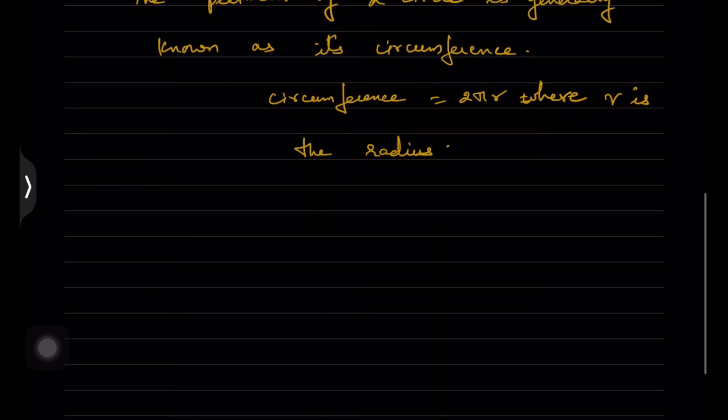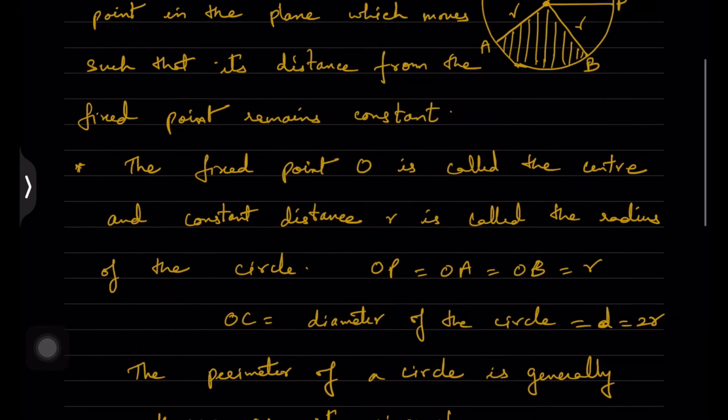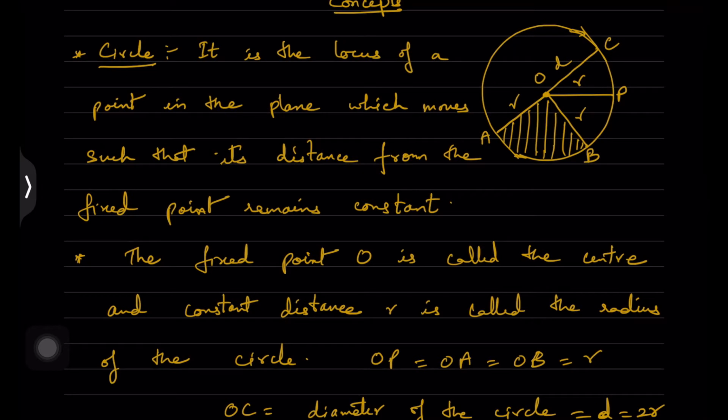Okay, now what is the sector of a circle? Now it is the region which is enclosed by two radii and an arc of a circle. Now you have AB, which is called the arc of the circle. This is called the sector of the circle, which I have drawn in green color.